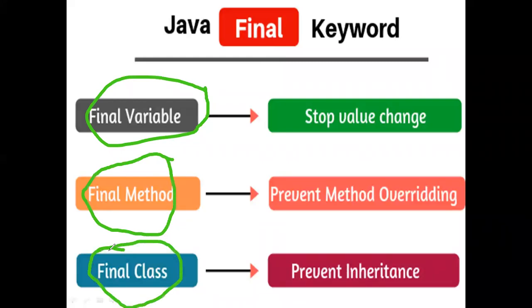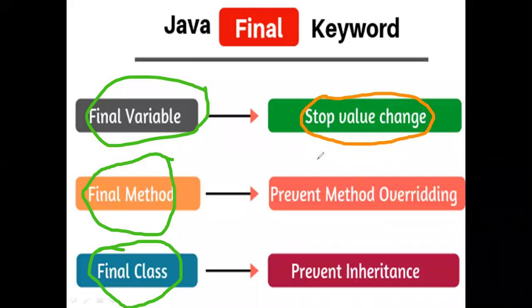So here, the final keyword can be used in three areas of the program: before a variable, before a method, and before a class. When we use the final keyword before a variable, we cannot change the value of that variable.